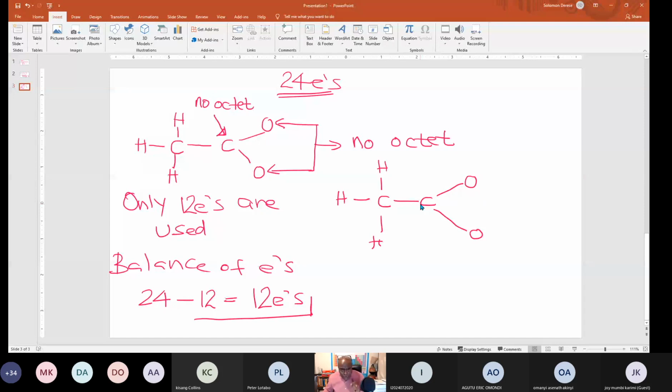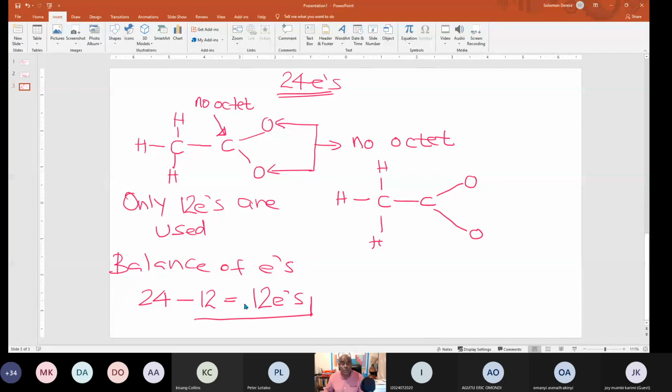So when you do that, the first set of elements whose octet we must fulfill are the elements that are on the outside. See, carbon is at the center. The elements that are on the outside whose octet of electrons is not fulfilled are the 2 oxygens. So we first fulfill the octet of these 2 oxygens using the lone pairs of electrons.